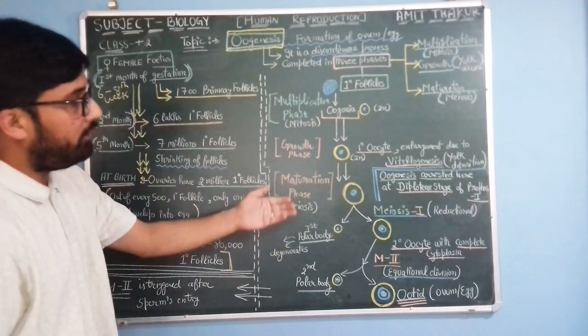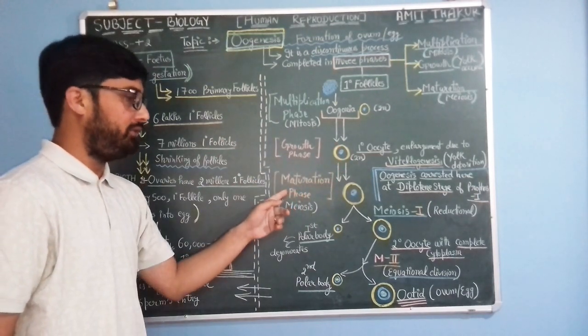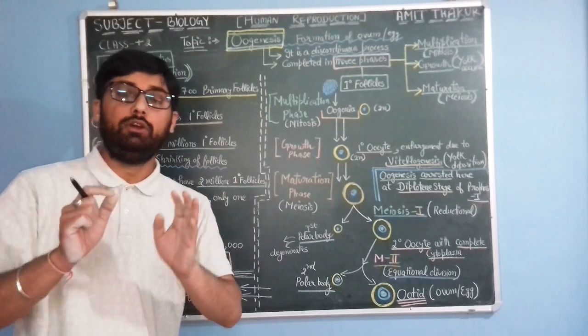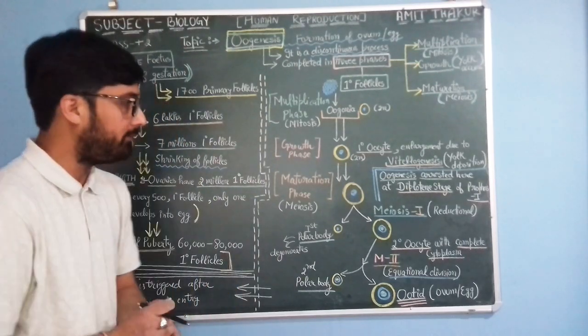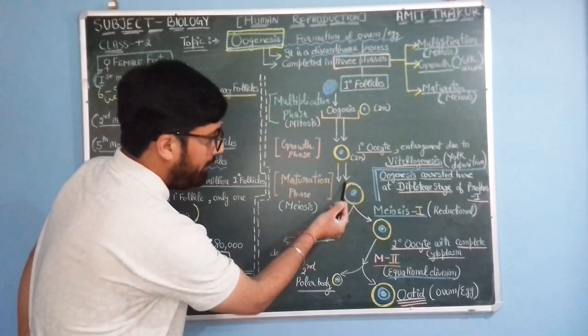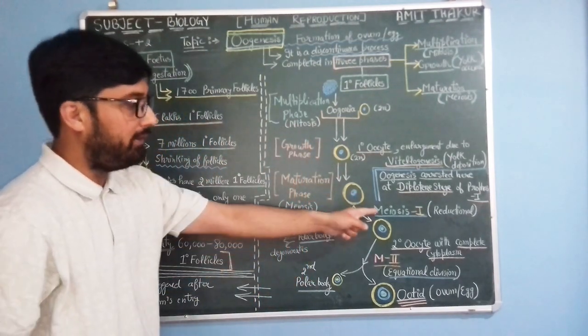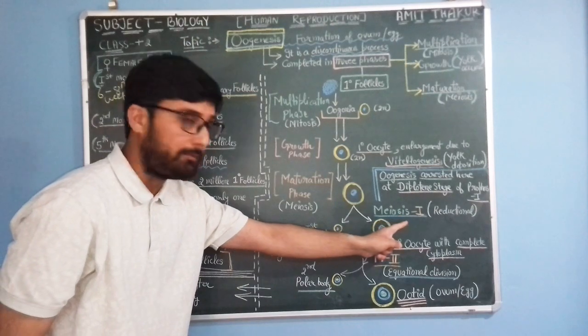Okay, so after growth phase, this would enter the maturation phase, and as I told you, maturation phase is all about meiosis or meiotic division. This primary oocyte now would undergo maturation phase. That means, first of all, meiosis 1.